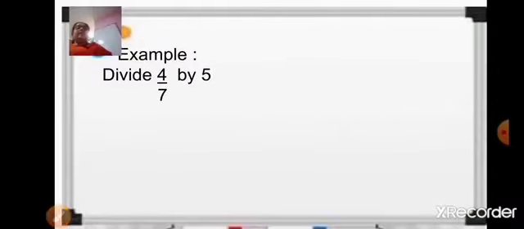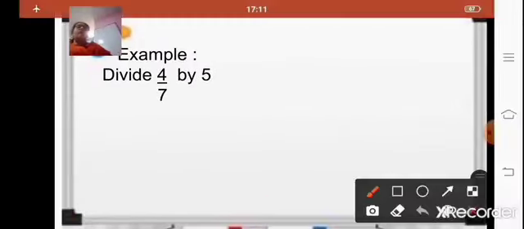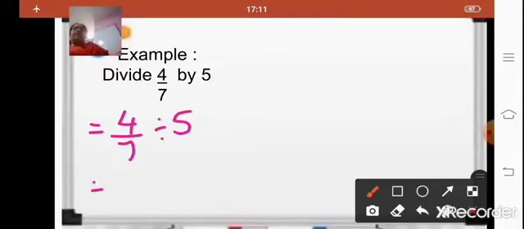Let us see an example of this. Here you have to divide 4 upon 7 by 5. Now when you divide, this fraction 4 upon 7 will remain as it is. Divide by 5. Now the division sign will change into multiplication sign and the reciprocal of 5 will be 1 upon 5.